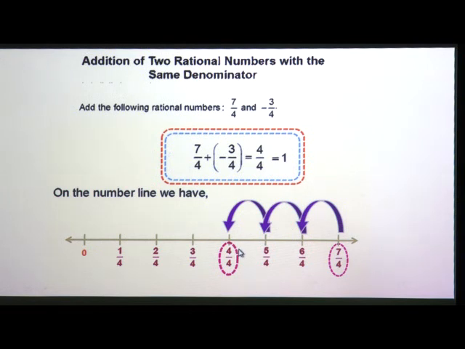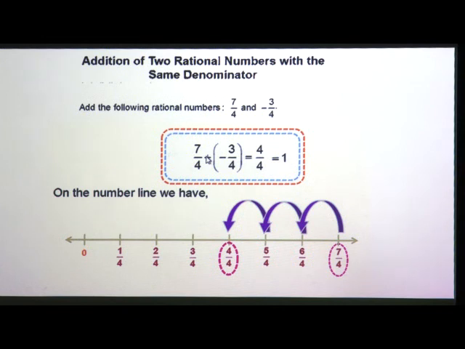How many times? 3 times, 1, 2 and 3. So, the answer is 4 upon 4. When you reduce this, we get 1. So, in this way addition of two rational numbers with the same denominator is very easy. Yes, it is very easy, just you have to see the operations.